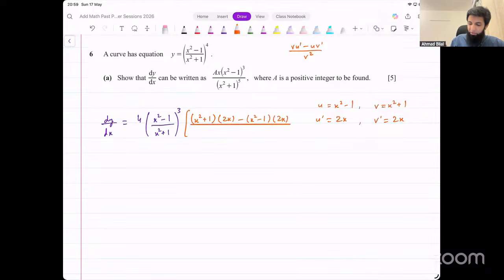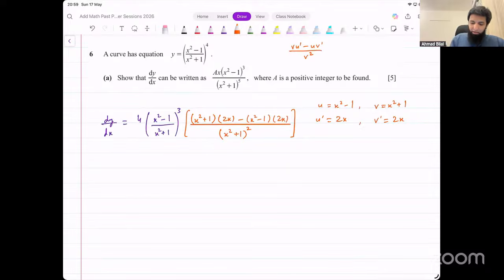What is that going to be? (x squared plus 1) whole raised to the power 2. Okay, this is what we end up getting. So we have just applied the power rule, we multiply by the power, subtract 1 from the power, and then multiply by the derivative of what is inside the bracket.